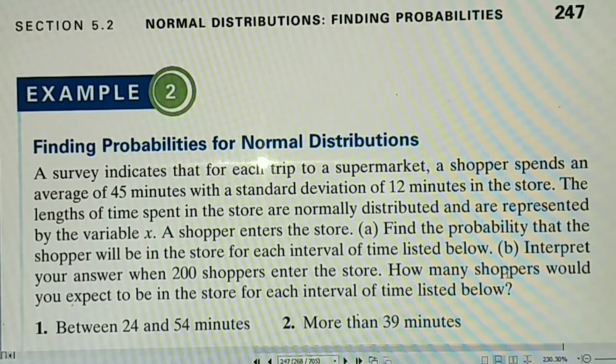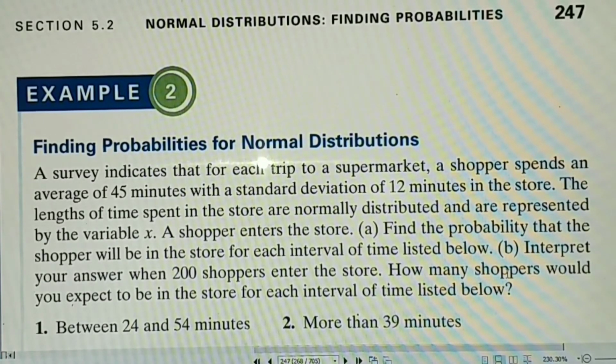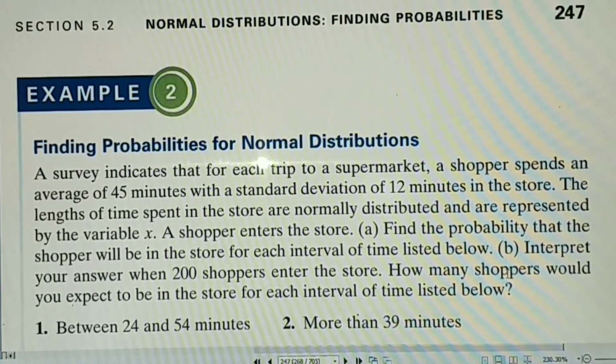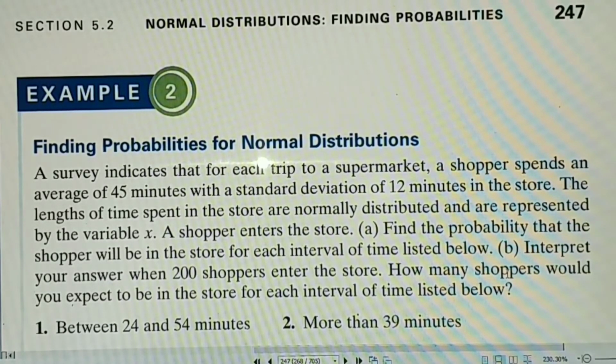A shopper enters the store. Letter A, find the probability that the shopper will be in the store for each interval of time listed below. Letter B, interpret your answer when 200 shoppers enter the store. How many shoppers would you expect to be in the store for each interval of time listed below?